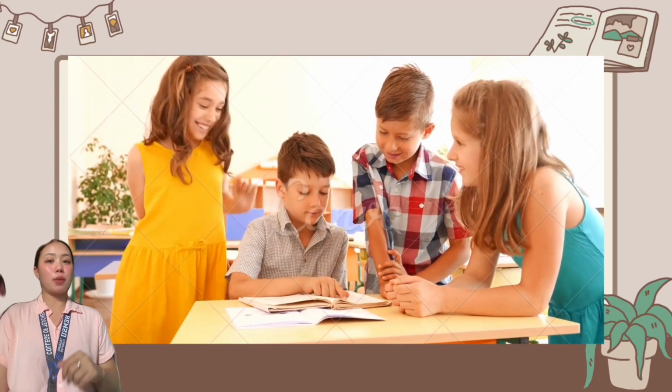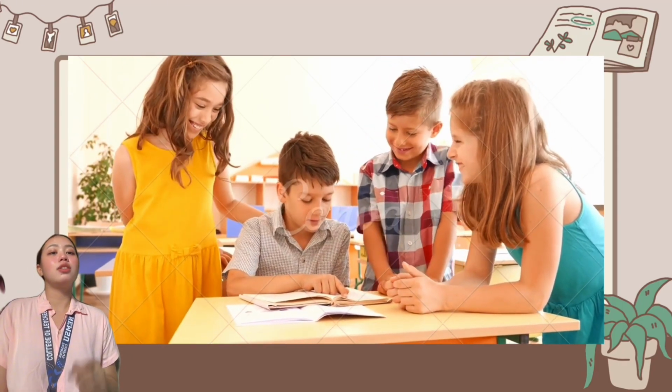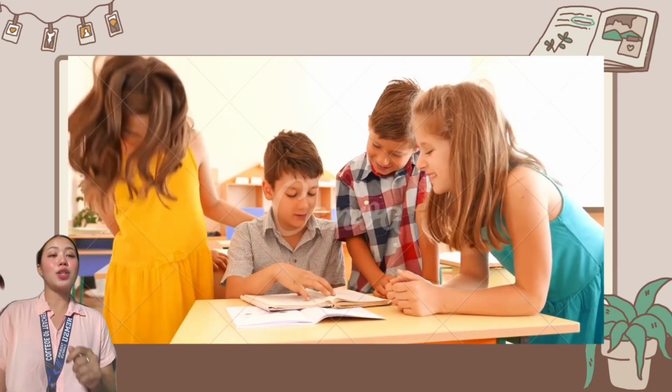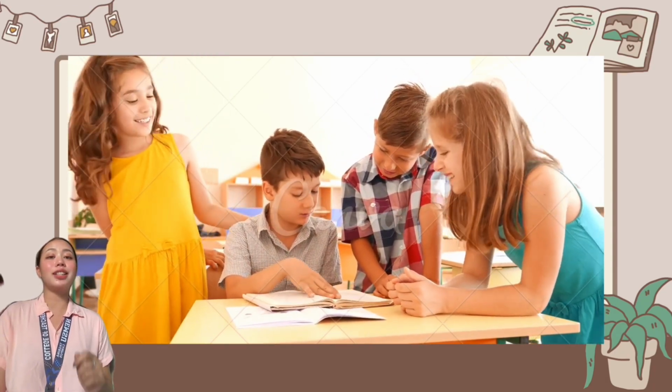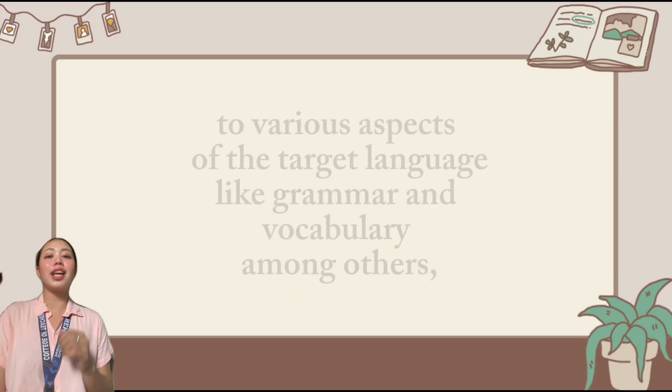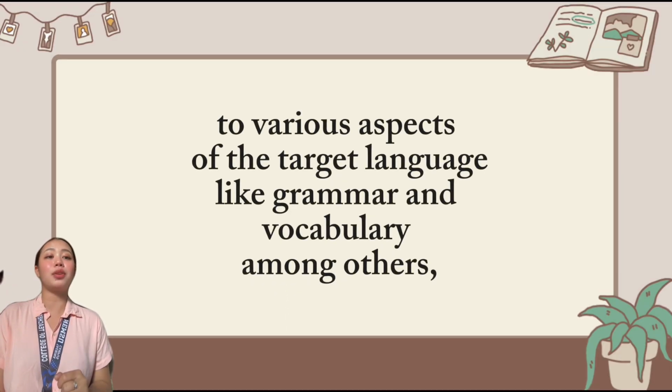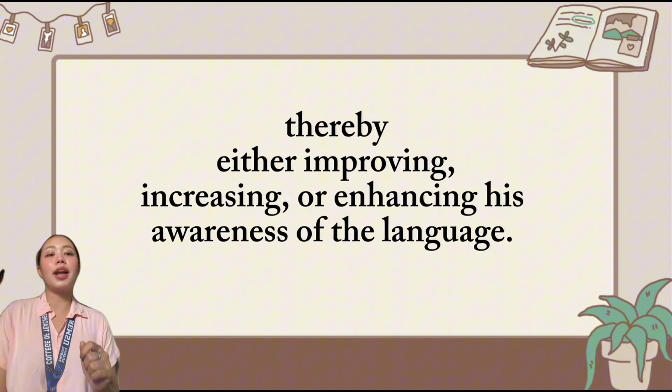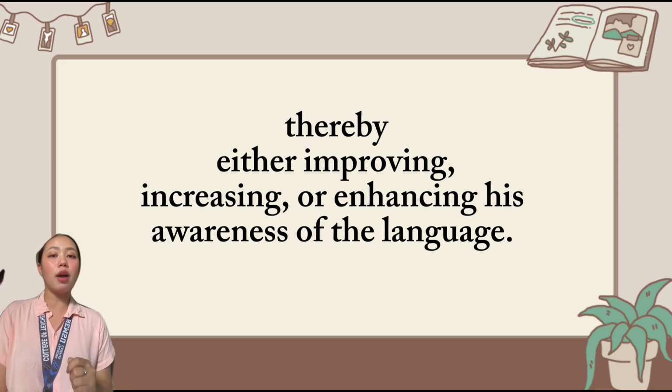In this approach, the student's attention is focused on the way language is used in the literary text, drawing the attention of the learner to various aspects of the target language like grammar and vocabulary among others, thereby increasing or enhancing his awareness of the language.